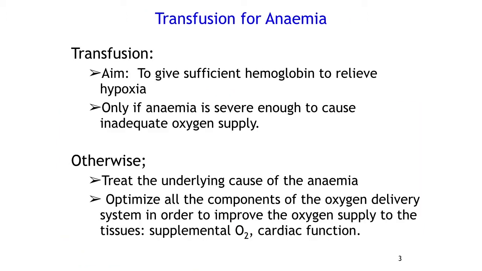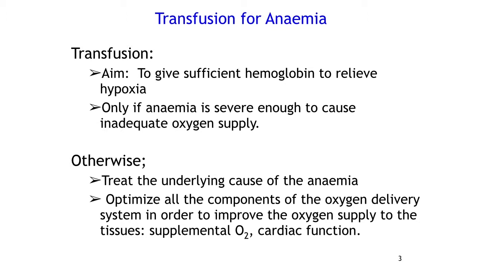In transfusion, Dr. Henry has highlighted this. What is the goal for transfusion? It's basically to raise the cell mass to relieve hypoxia. So you only transfuse if the anemia is severe enough to cause inadequate oxygen supply to the tissues.